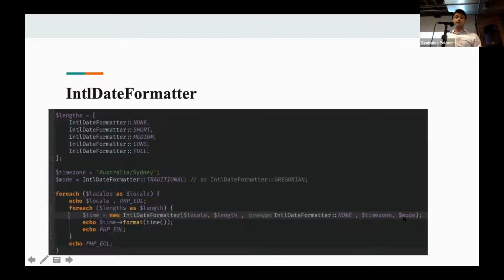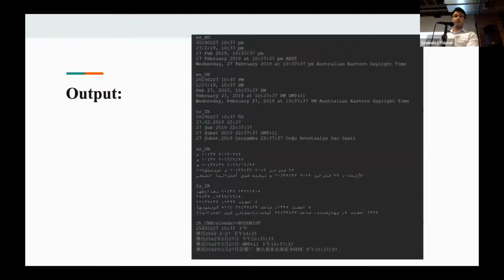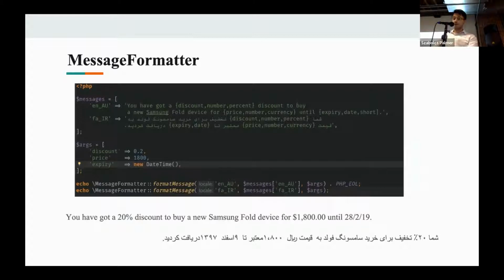Then the time zone and the mode. So in the API, if you need to represent all the dates in the Gregorian calendar, you set that to Gregorian. But if you want to automatically convert the dates to the calendar of your locale, you can use the other mode. I passed over this one because this is the most important one.